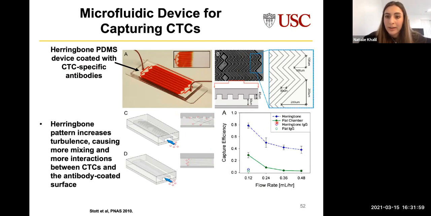So in a smooth device, which is shown in green here, the capture efficiency or the capture rate of circulating tumor cells is low. Whereas with this herringbone structure where we've introduced turbulence and caused more interactions between the circulating tumor cells and the herringbone structure, we've captured almost triple the number of CTCs.